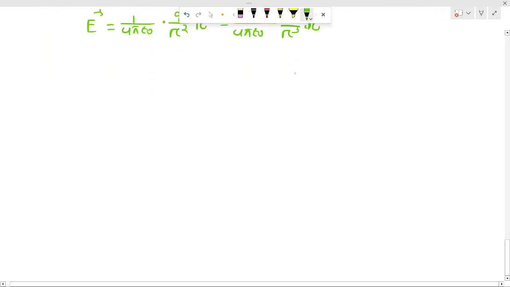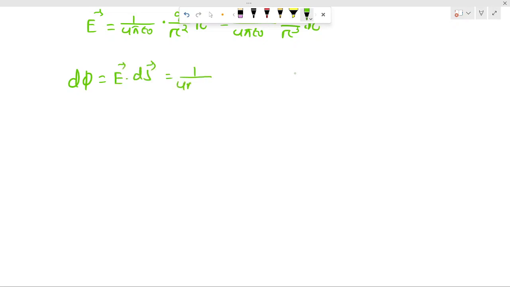So d phi will become what? I have d phi as E dot ds, so it will become 1 upon 4 pi epsilon naught q upon r cube r vector dot ds vector, isn't it? Yes.